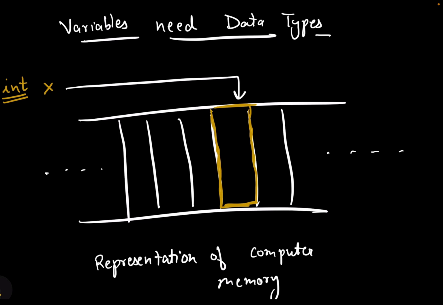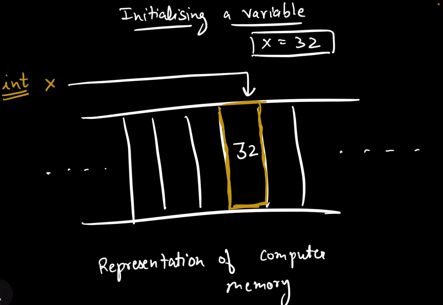Now, how do we actually fill data into this memory location? The way to do that is really simple. All you have to do is write a command like this in your programming language. If you write x is equal to 32, the computer knows that x is a variable, so x is basically the name of a memory location. What the computer is going to do when it sees a command like x is equal to 32 is take this data value 32 and store it in the memory location whose name is x.